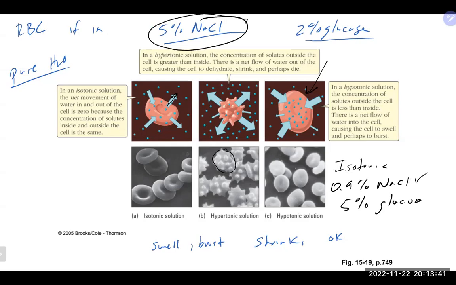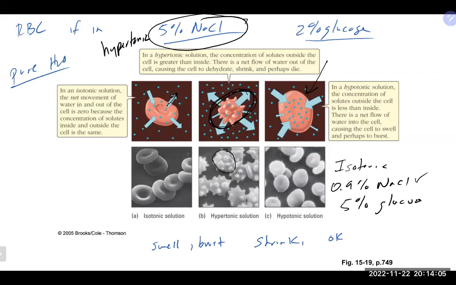So that would be a hypertonic solution, which means outside of the cell is going to be more concentrated than inside the cell. That means we're going to get the donut hole here, as all the water from the cell will rush out of the cell. It will start to shrink, go through crenation, and again, probably not so good.